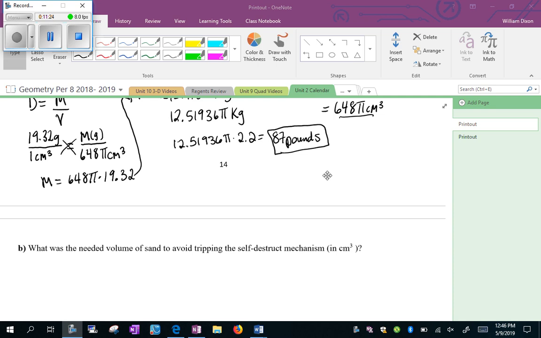Well, let's first write down the density formula: density equals mass divided by volume. So now we're looking for V.